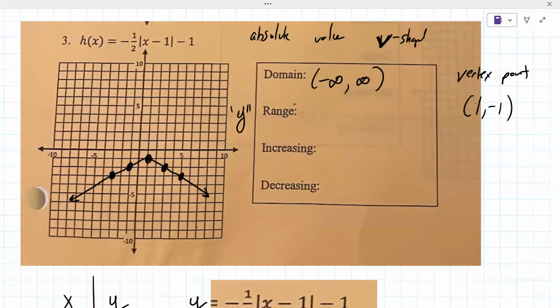The range is the y values. So you got to think about the smallest y value, basically like how far down does this go? -1. If you're saying -1 is the smallest y value, there's no y value smaller than -1.